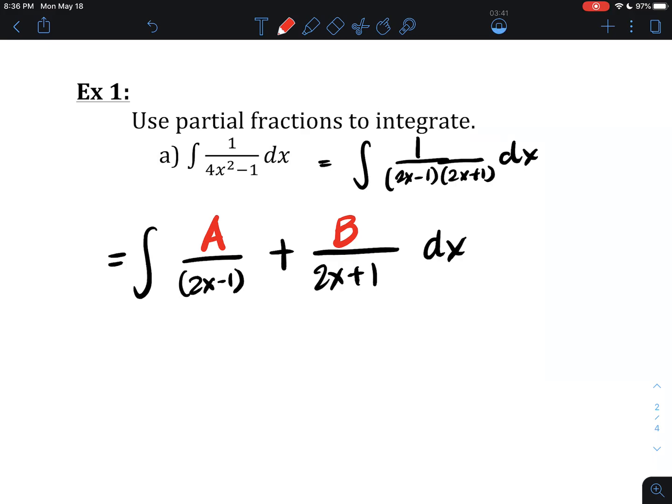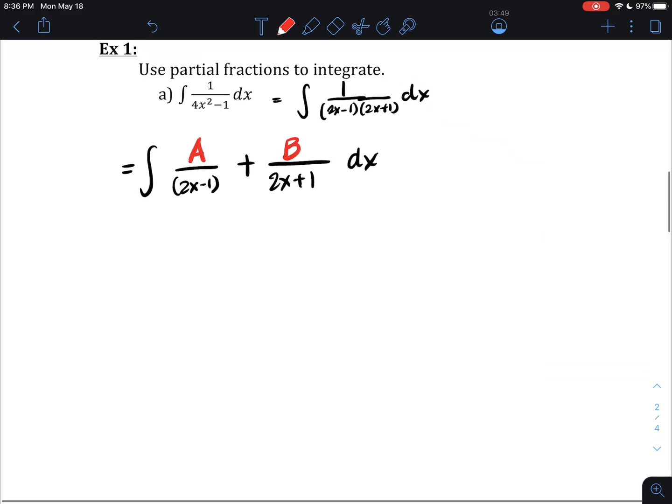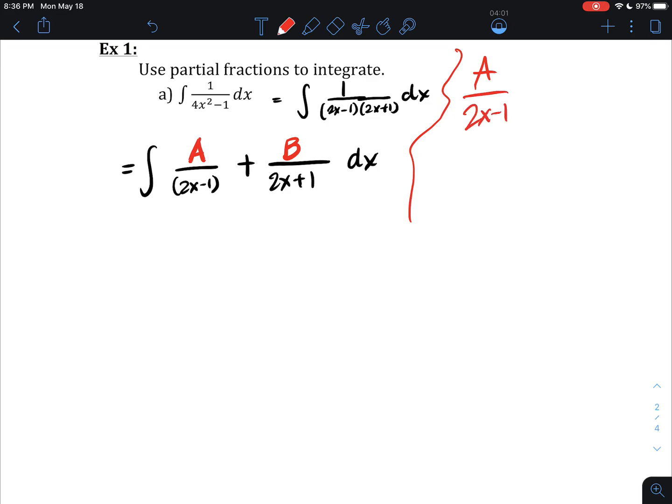Okay, we're now going to do algebra to figure this out. I'll do all the algebra in red. So basically we have A over 2x minus 1 plus B over 2x plus 1.